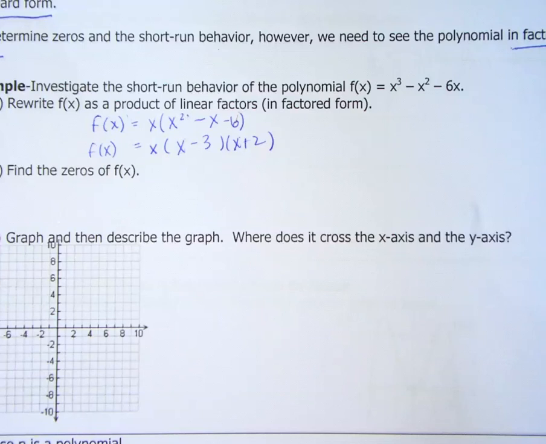Well, 0 times anything is going to make that whole quantity 0. But again, just for future reference, when it's not super clear, you can plug in 0 for x to find the y-intercept. And then finally, the function resembles what on the long run? Yeah, y equals x cubed. So on the long run, it resembles y equals x cubed. Again, that's from the leading term.